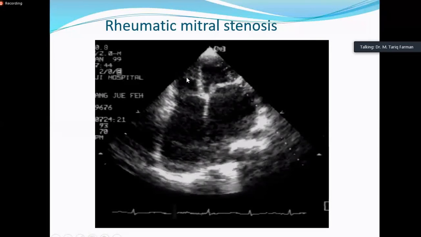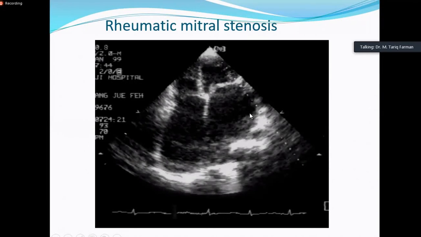You can see the size of the left and right atrium and the left and right ventricle. Normally, the size of the left ventricle is much more than the left atrium. But in case of mitral valve disease, as I have mentioned earlier, there is pooling of blood in the left atrium, and the left atrium becomes dilated.